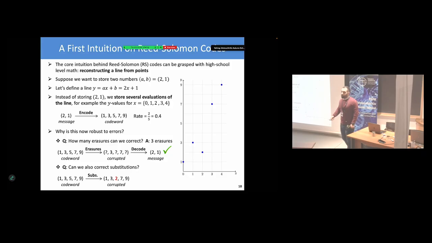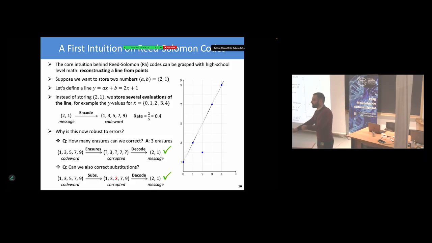Can I still decode? The answer is yes, because the majority of my evaluations belong to a given line, which is still the same line. By doing that, which is similar to majority voting but in a different sense, I would be able to reconstruct this line and correct the error.